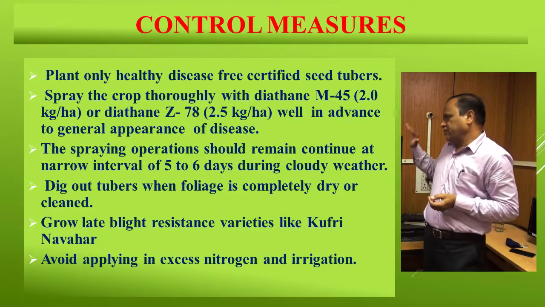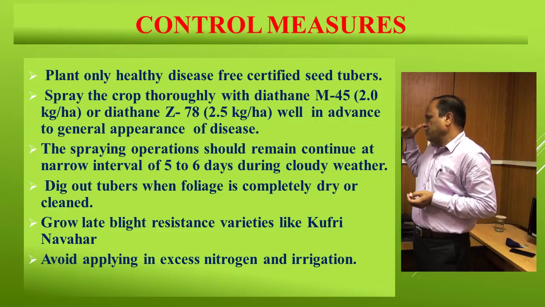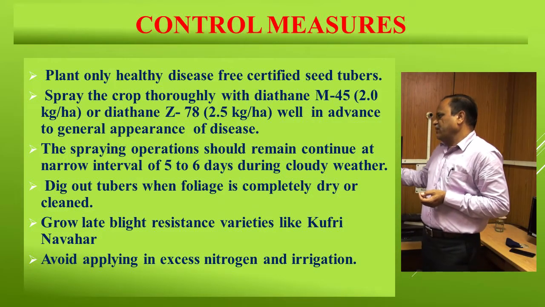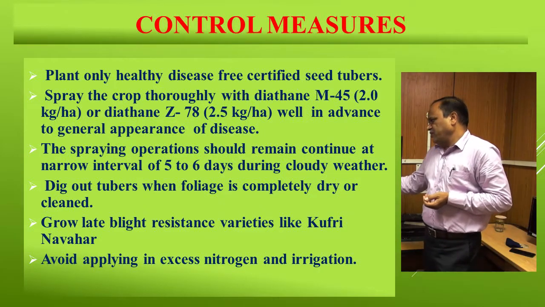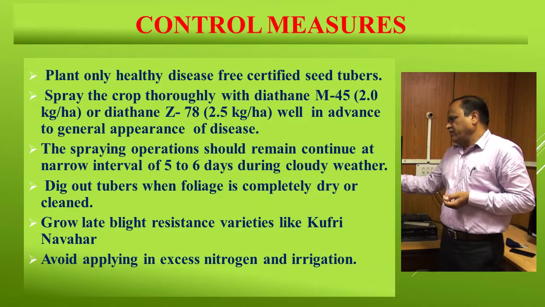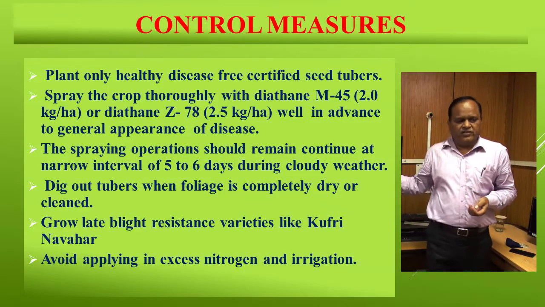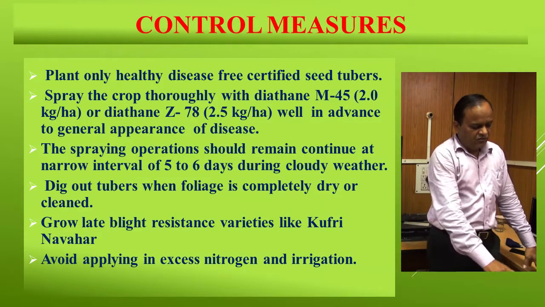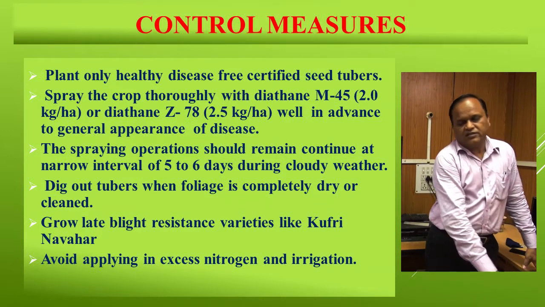So by planting healthy tubers, spraying Dithane M45, growing late blight resistant varieties, or avoiding excess nitrogen and irrigation, you can successfully grow the potato free from late blight.